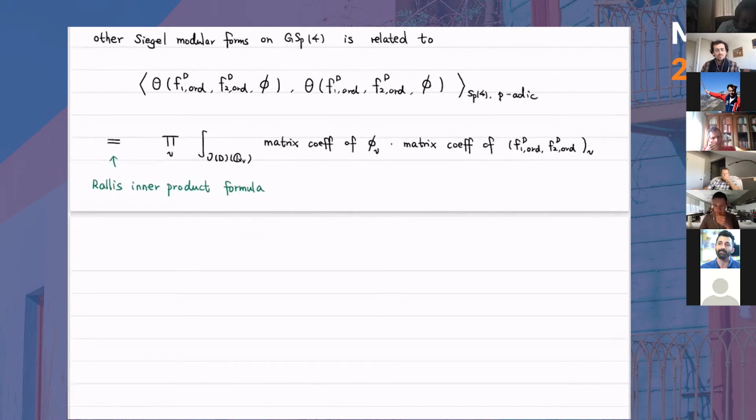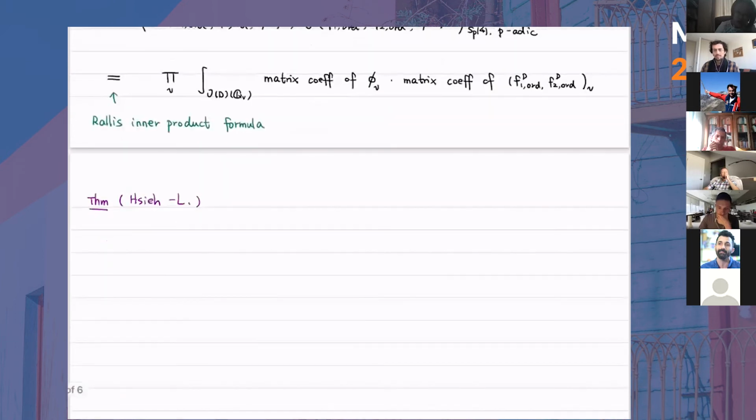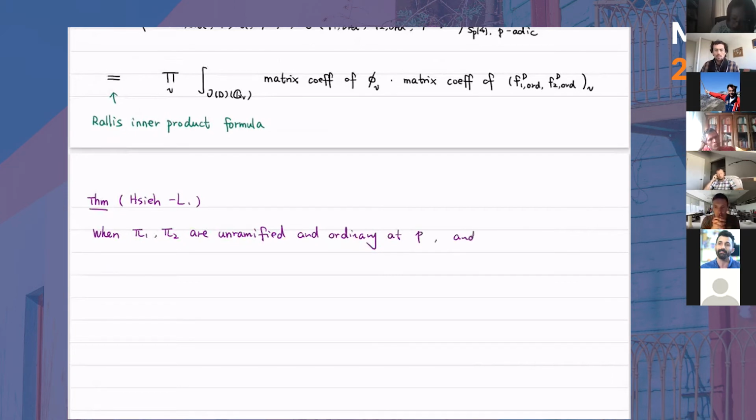Okay, so we computed this one. The local computation at p, in the case when pi1 and pi2 are both unramified and ordinary at p, and also we assume that the weight of f1 is strictly larger than the weight of f2.